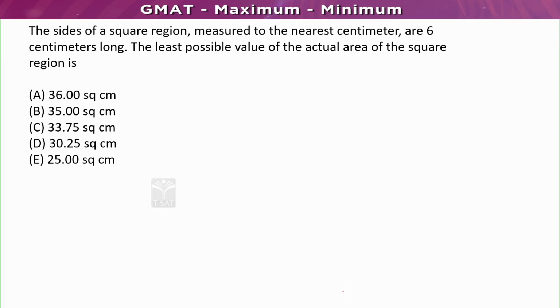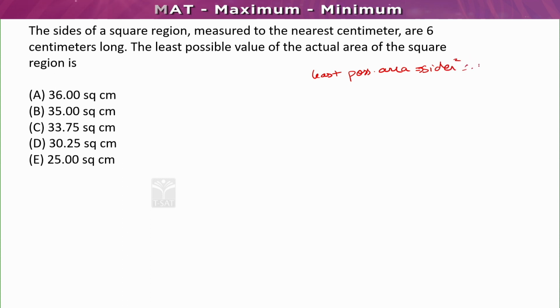The sides of a square region measured to the nearest centimeter are 6 centimeters long. The least possible value of the actual area of this square region is... So what is the least possible value? They want the least possible value for area which is equal to side squared.